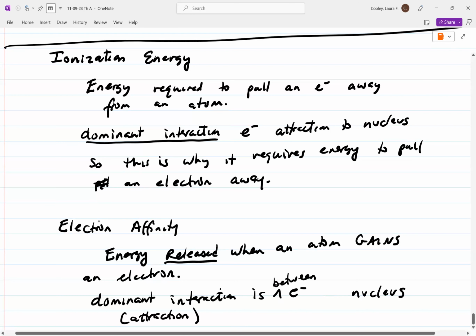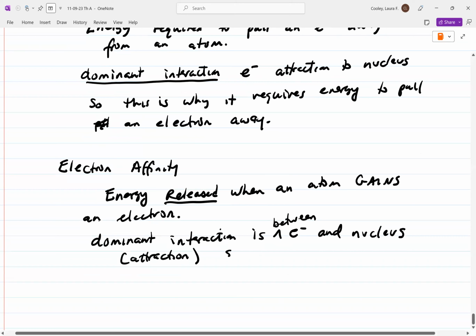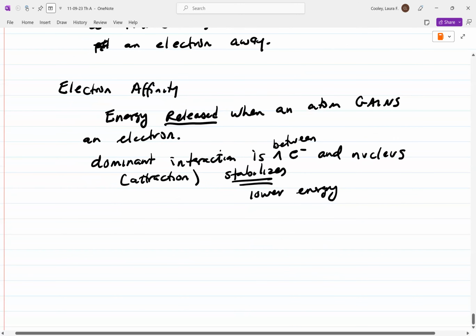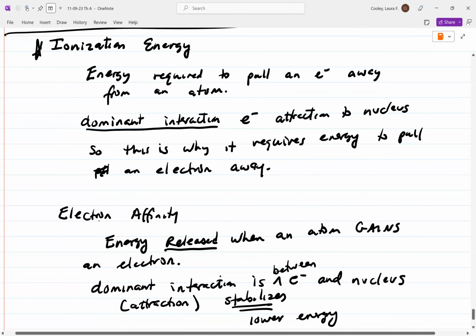So this stabilizes, and that means it's a lower energy. Energy is released when this happens. So these two things are going to be the two energy properties that we're interested in.